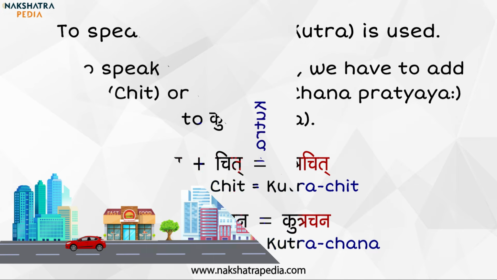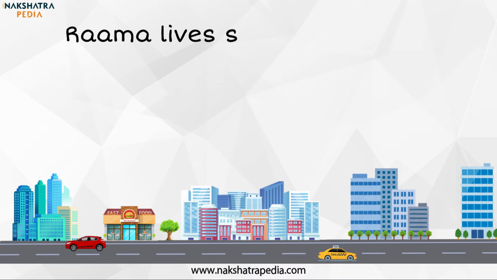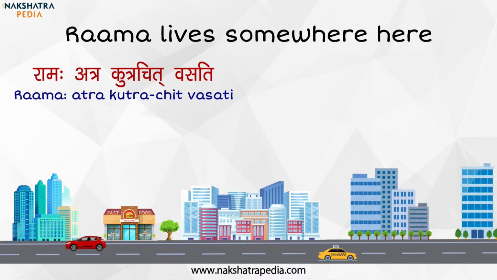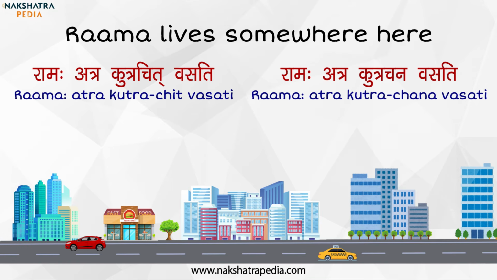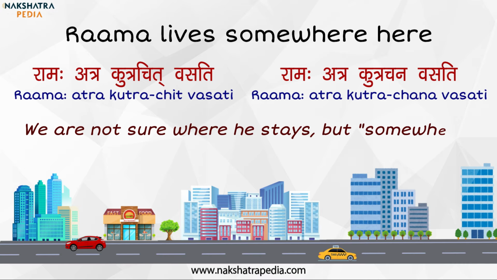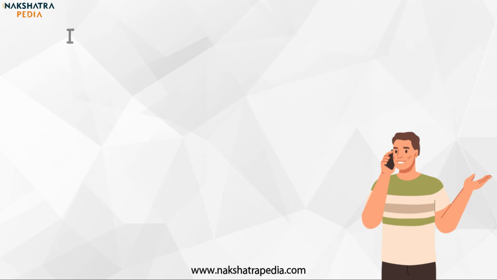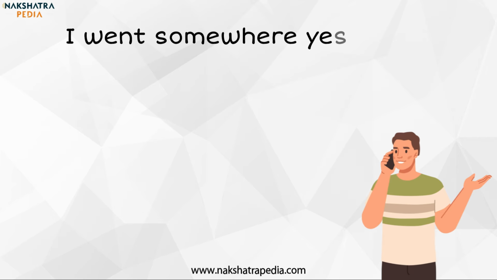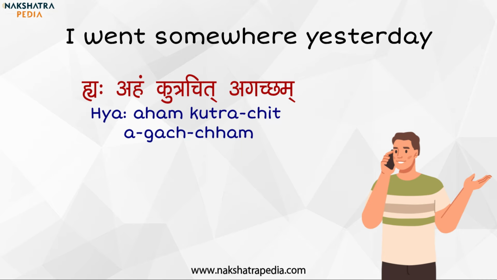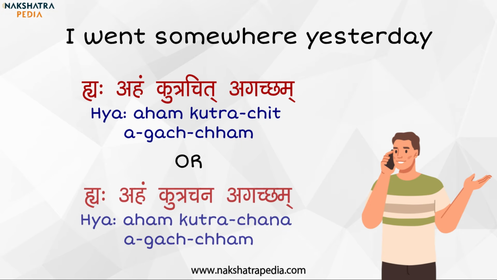Let's take more examples. Rama lives somewhere here. Then it will be Ramaha atra kutrachit or kutrachana vasati. We are not sure where he stays, but somewhere around here. One more example. I went somewhere yesterday will be Hyaha aham kutrachit or kutrachana agacham.